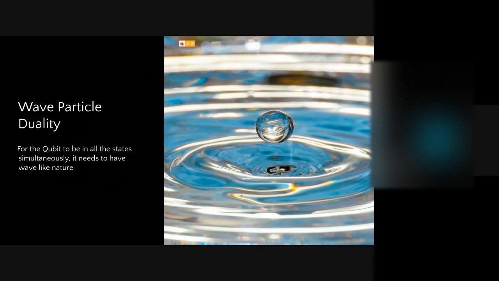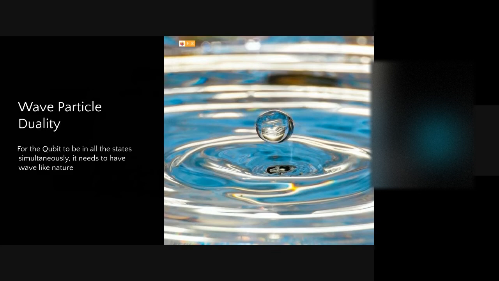We know that light is also both wave and particle. We know it's a wave from Young's double slit experiment and a particle from the photoelectric effect. That's not that important to know right now. But the point is that at microscopic levels, everything is a wave and a particle.